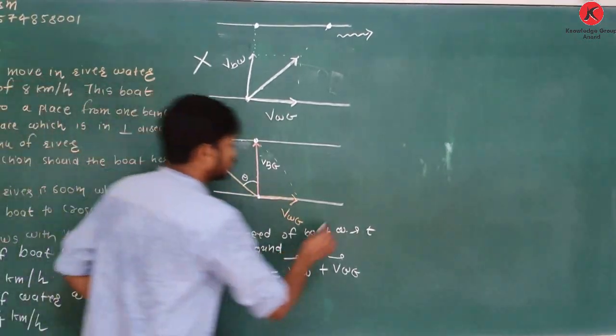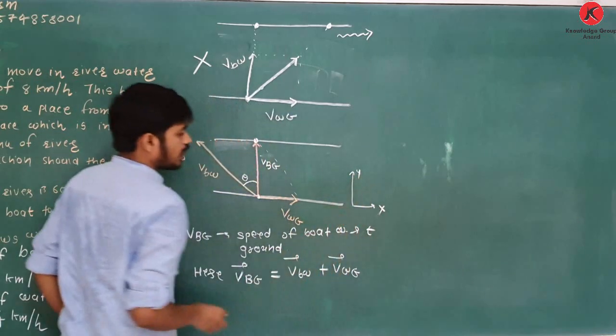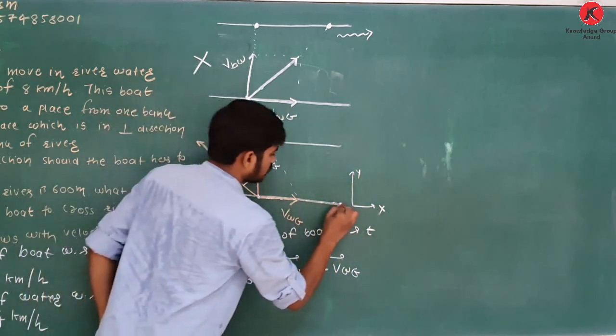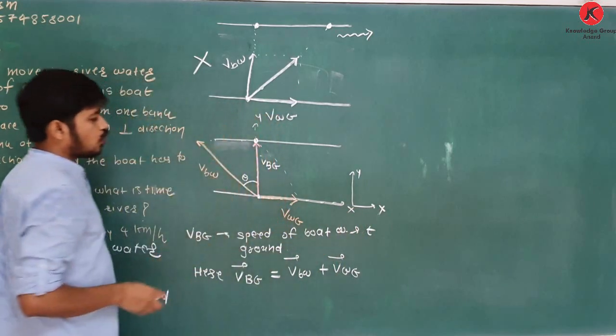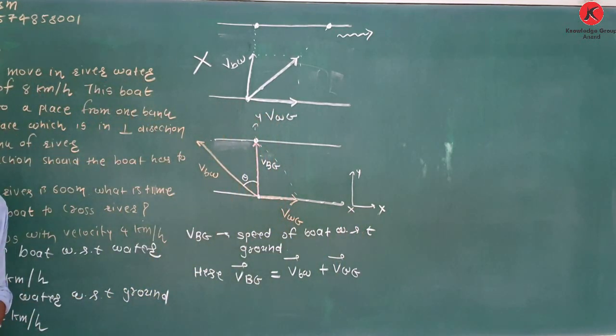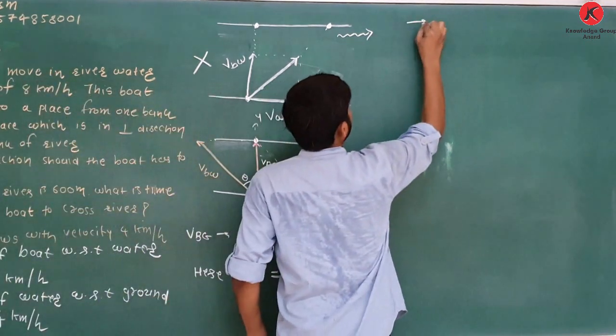Now see, I am assuming this is the x-axis and this is the y-axis. Yes, here I can also represent this as the x-axis and this as the y-axis. Okay, so now I will take their components. See how to take components. First of all, I am taking the x component of this equation.